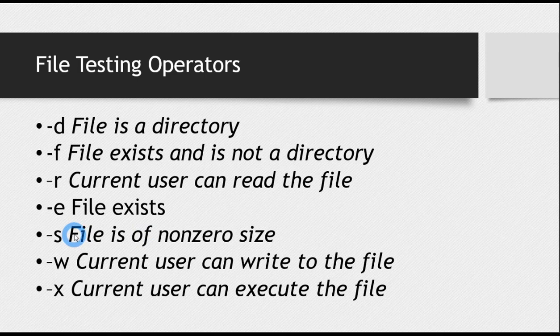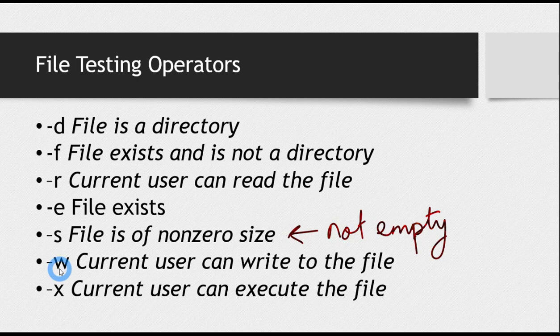It will be true if the size of that file is not 0. That means the file is not empty. The size of the file won't be 0 only in the case when the file is not empty.